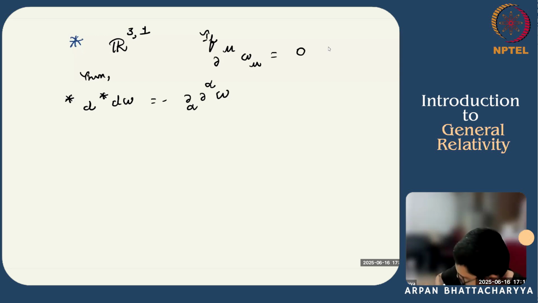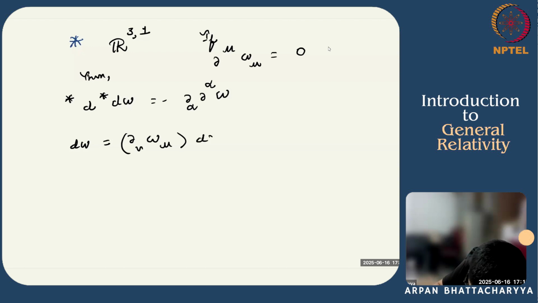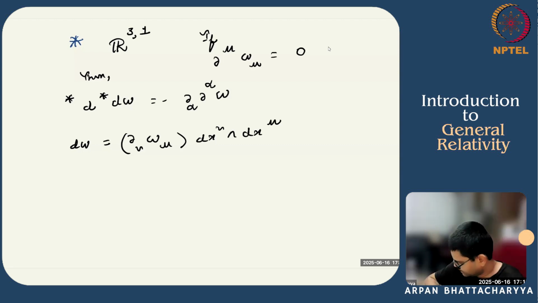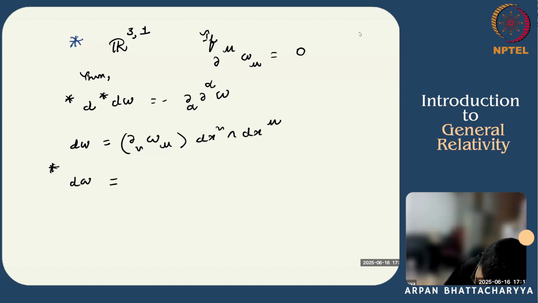And just to give a hint how to do that: d of omega is basically del nu omega mu dx nu wedge dx mu, okay, and then you have to take a star of it, right? If you take star of d omega, schematically there will be some epsilon.